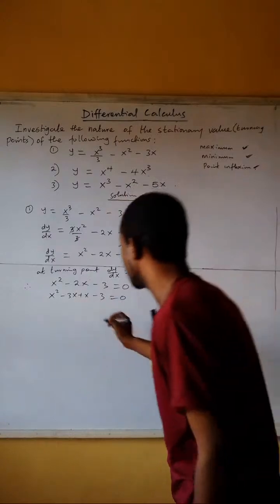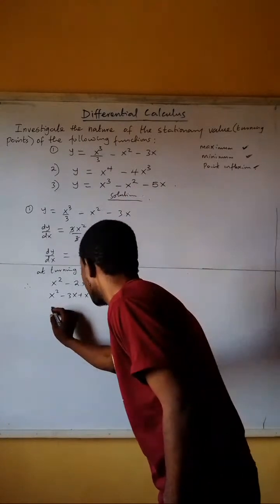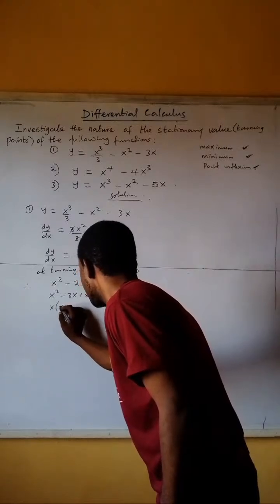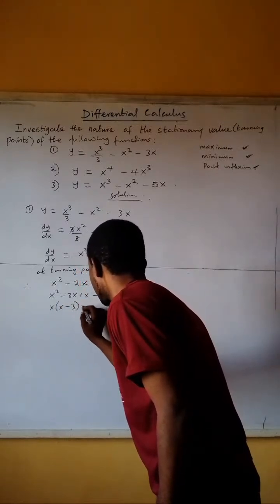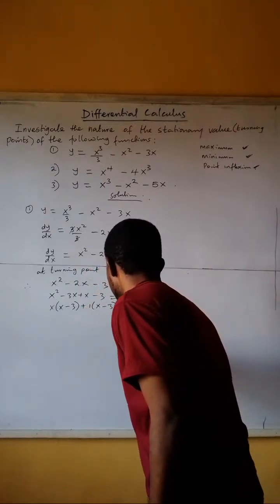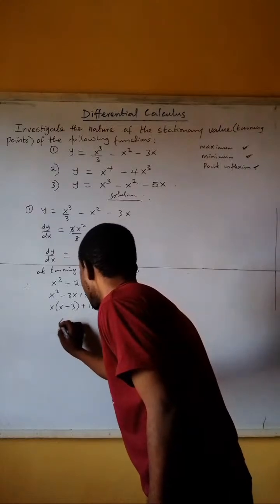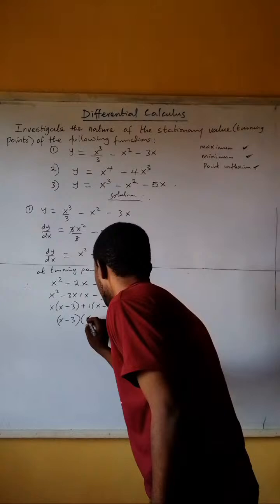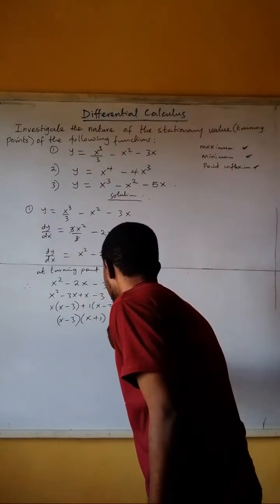Now, from here, this gives us x(x minus 3) plus 1(x minus 3) equals 0. That is, here we have (x minus 3)(x plus 1) equals 0.